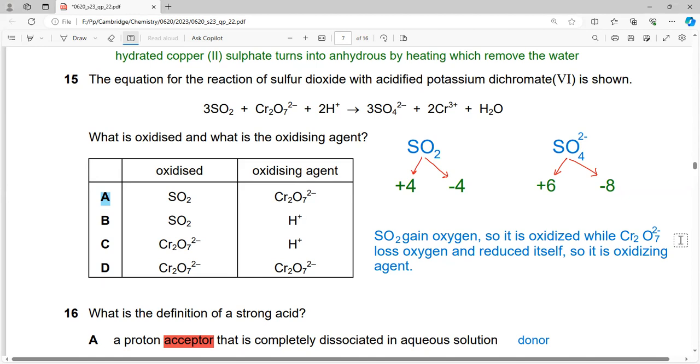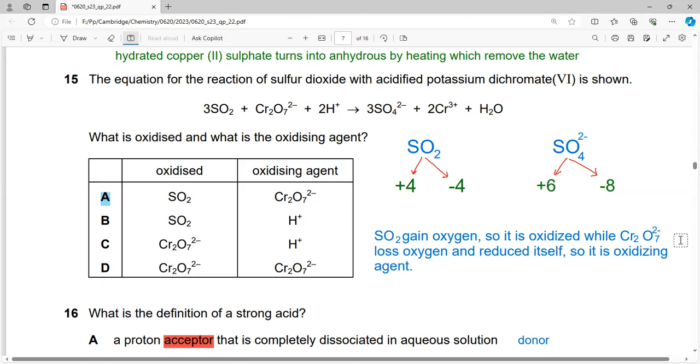So what is happening? The oxidation state of sulfur is increasing, and in this way the sulfur is oxidized. Sulfur dioxide is oxidized from reactant to product. The oxygen is coming from the dichromate, so the dichromate is reduced, and it is the oxidizing agent.